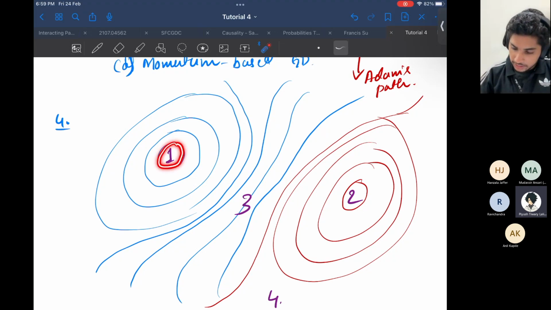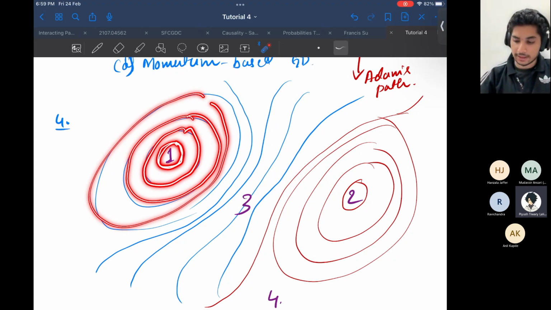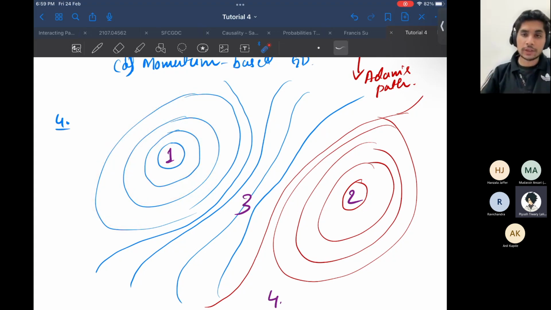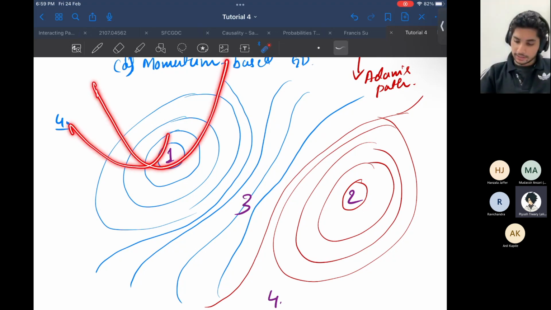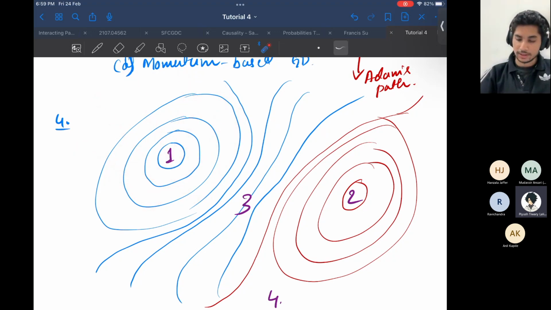Since this path has the same value, this path has the same value, and so on, what can I conclude? It should be something like a paraboloid, but in 3D. It will be a bowl here.